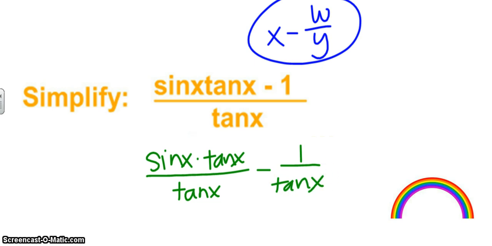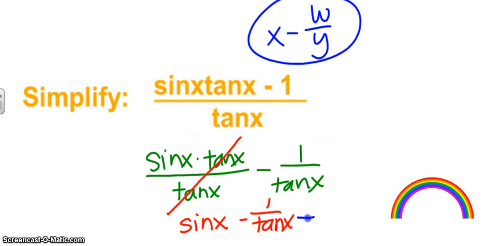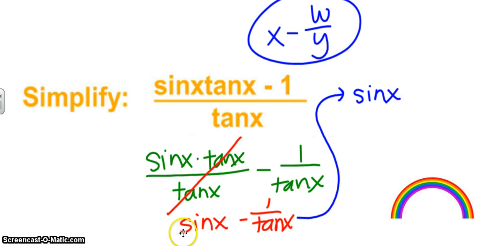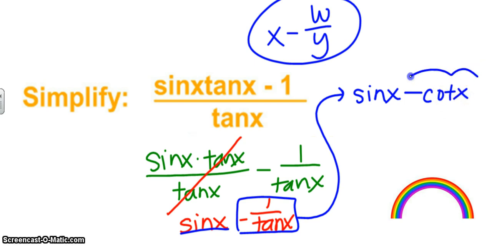And now I'm going to simplify. So tangent and tangent are going to cancel. I'm left with the sine of x minus 1 over the tangent of x. But using our identity sheet, we know that that can simplify into the sine of x minus cotangent of x. So that's where the trigonometry is going to come in, that you can use your identities, but the algebra skills are exactly the same, making that connection.